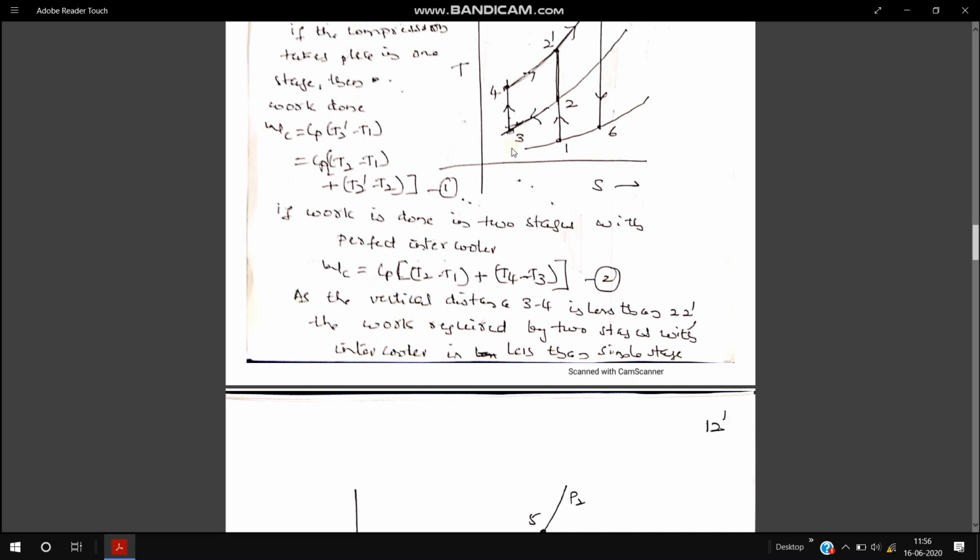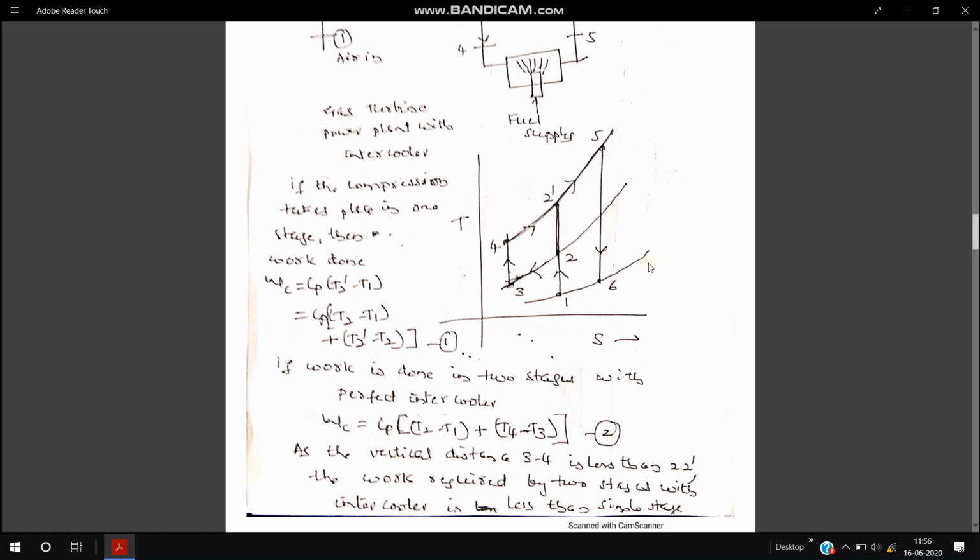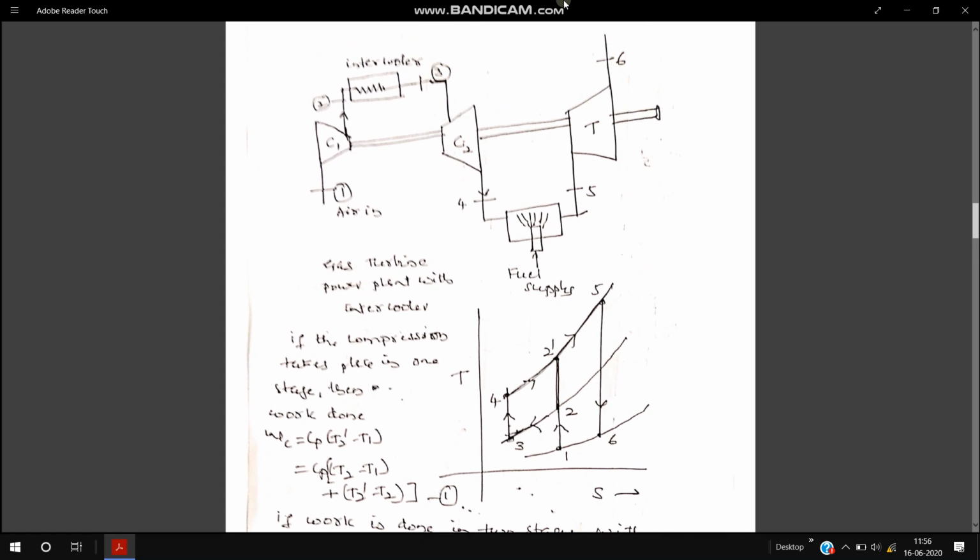We can say that the compressor work for a two-stage compressor with intercooling is less than the compression work for a single-stage compressor.